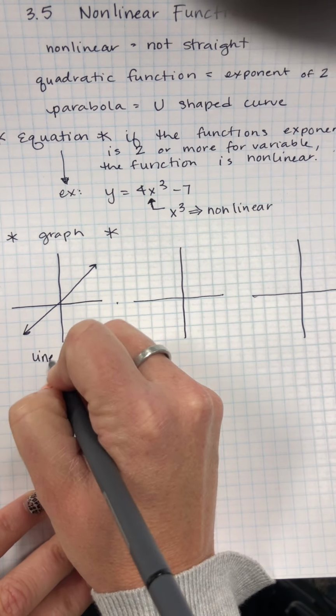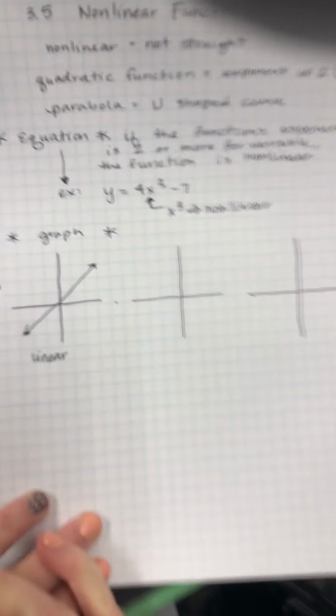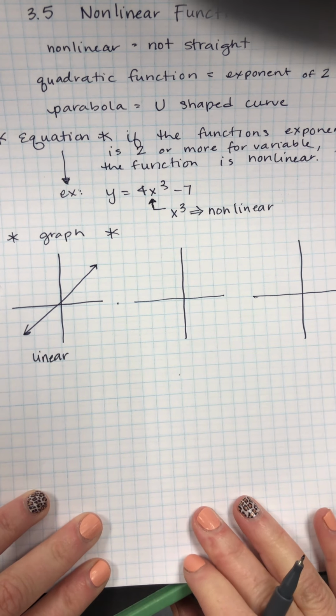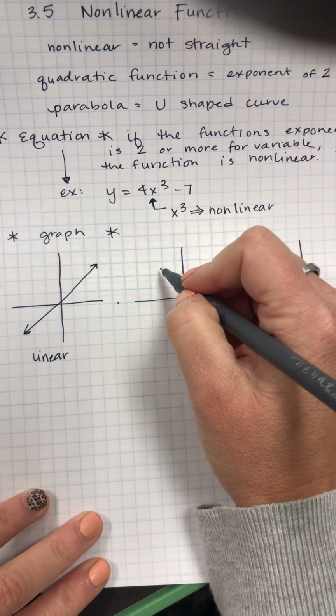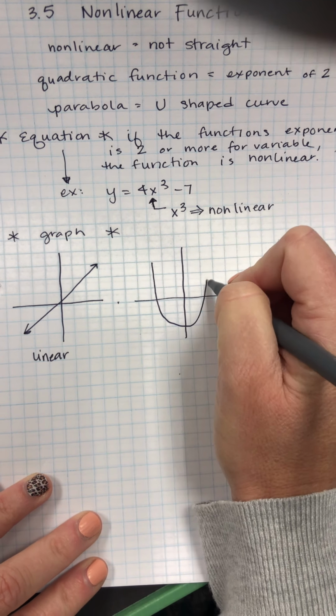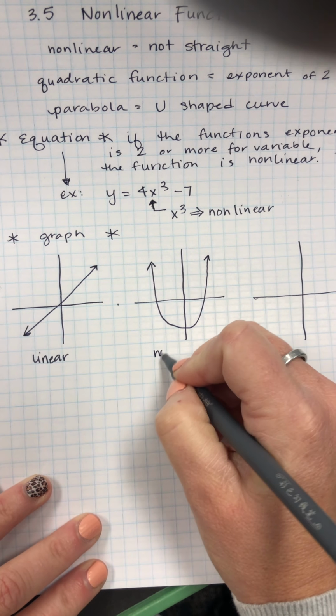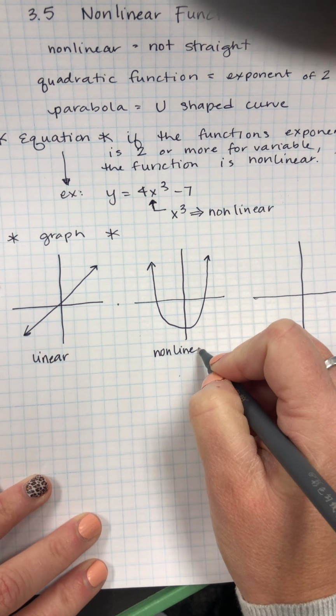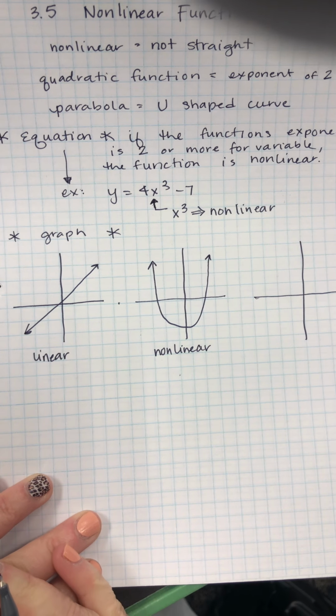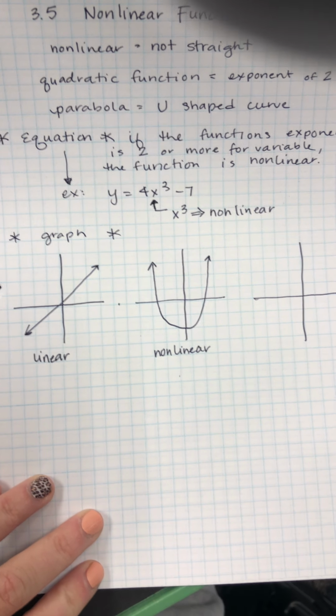Obviously linear. The next one, I'm going to draw a U. This is an example of a parabola, and it is non-linear. They can go the opposite way too, like an upside down U.